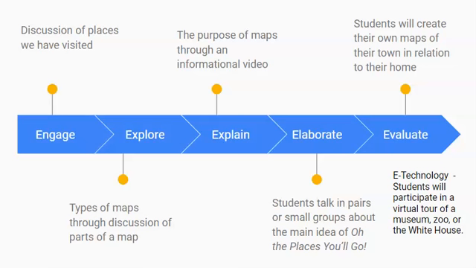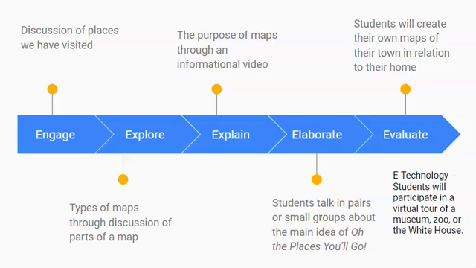It's important that students understand how maps are used to help you get from place to place. This informational video shows students a little bit more about a map and how a map can be used to find your exact location, along with finding directions from place to place.